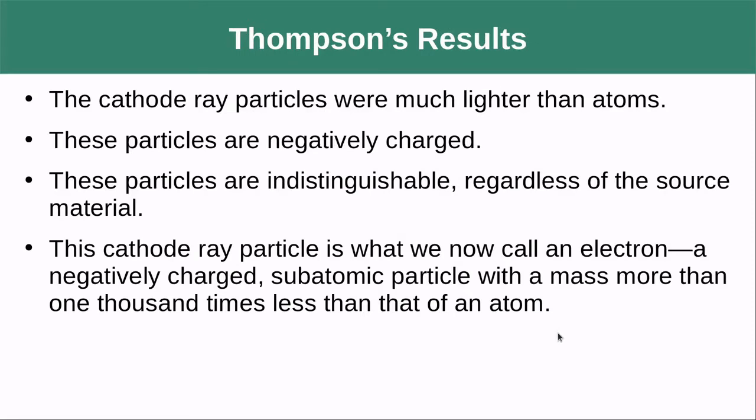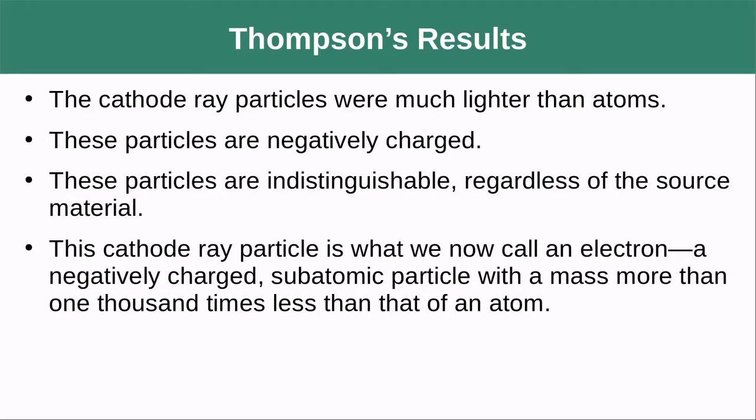What did Thomson discover? He discovered that his cathode ray particles were much lighter than atoms. These particles had a negative charge, which is why they were deflected away from the negative charge and towards the positive. These particles are indistinguishable regardless of the source of the material. So that means that they were inside of every different kind of metal that he was trying to use for those electrodes.